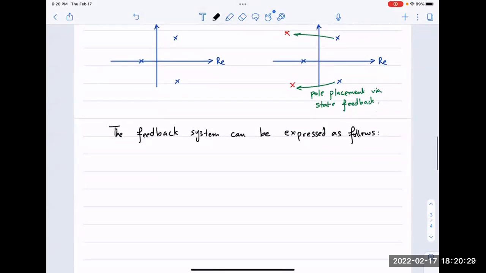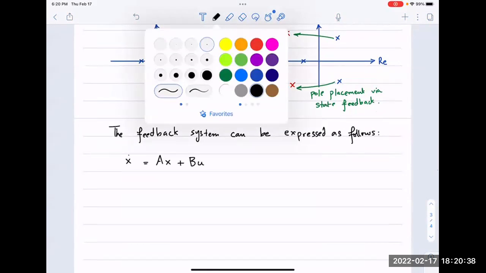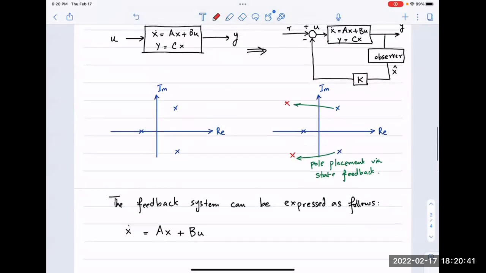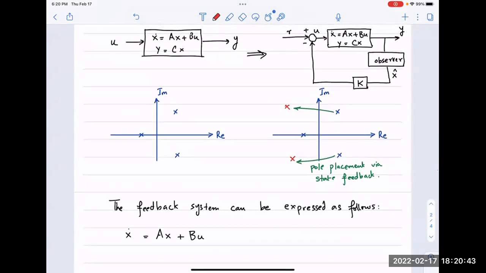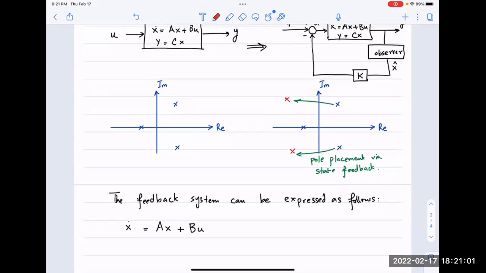So there's this original dynamics, x dot equals Ax plus Bu, but in the feedback diagram that u is basically r minus Kx. One thing here, just to make things simple, let's not look at the observer story.